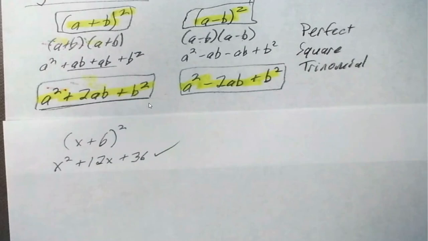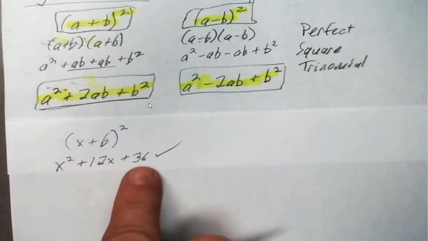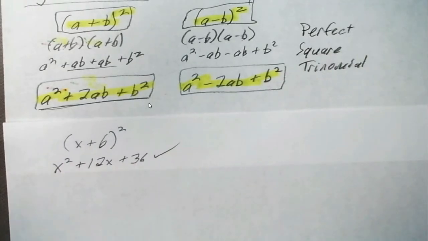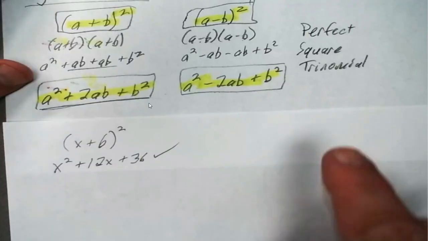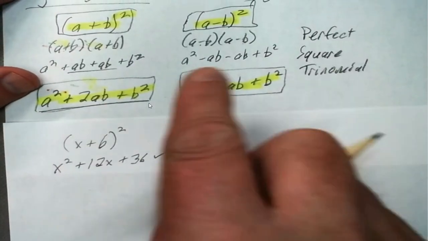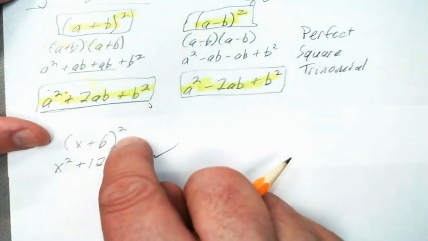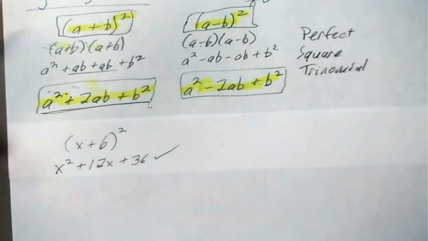That's it. x plus 6 squared is x squared plus 12x plus 36. I just used this shortcut because I recognize this is a perfect square trinomial because I'm squaring this binomial. If I'm squaring this, this is the pattern of the answer.